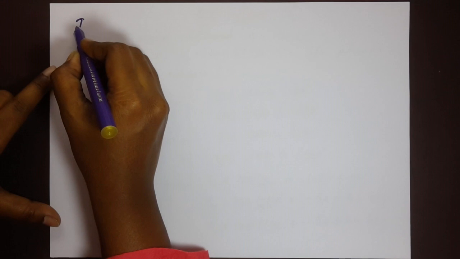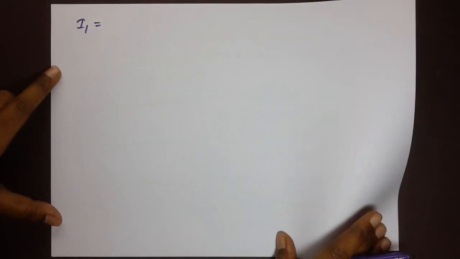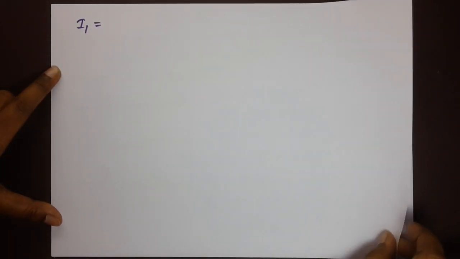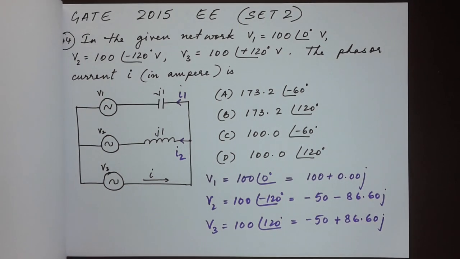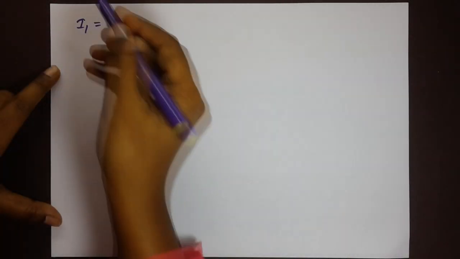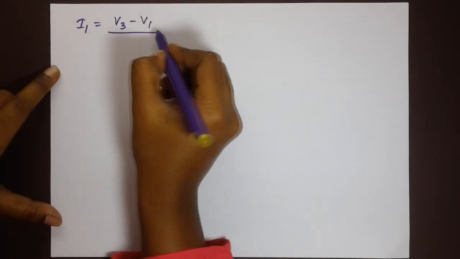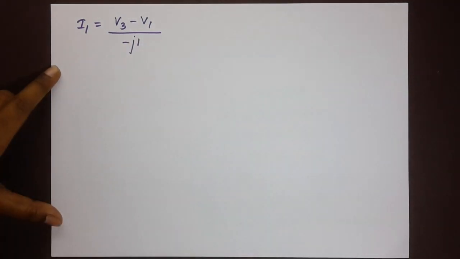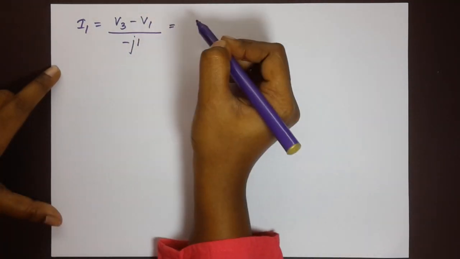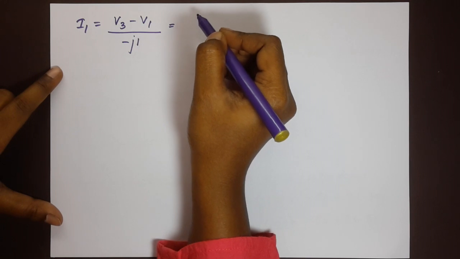So I1, from the figure here, can be found as V3 minus V1 divided by the capacitance over there, written as minus J1. So that's the reactance, right? We will have to write that down. So I1 is V3 minus V1 divided by minus J. So let's put down the values of V3 and V1 here.